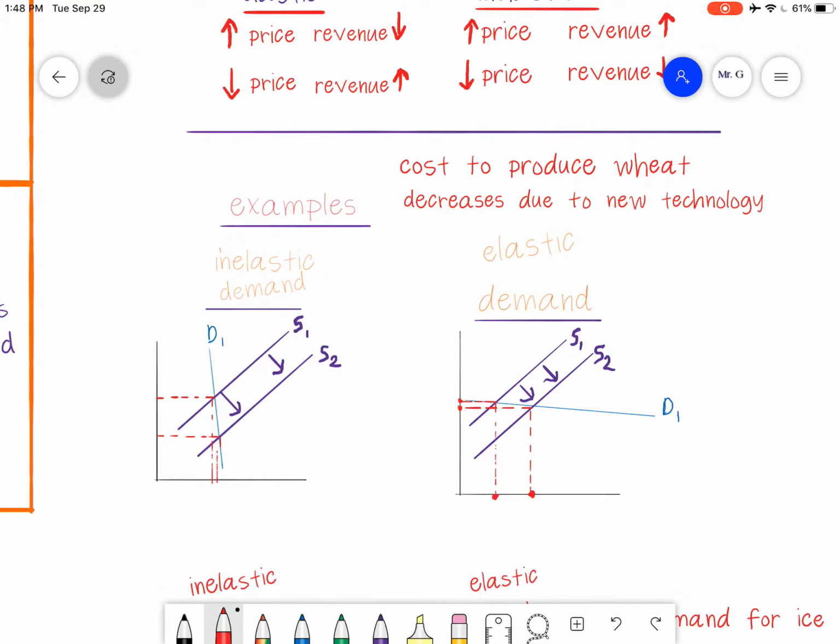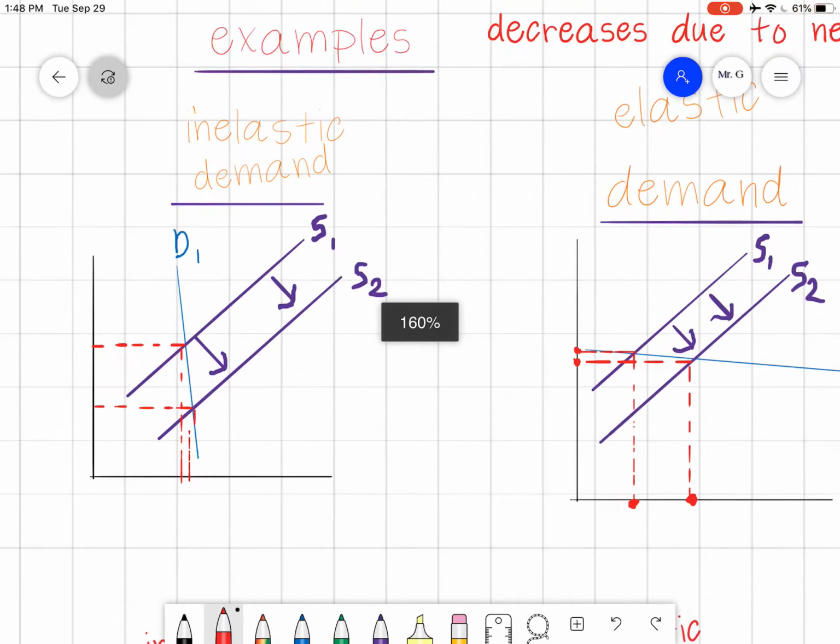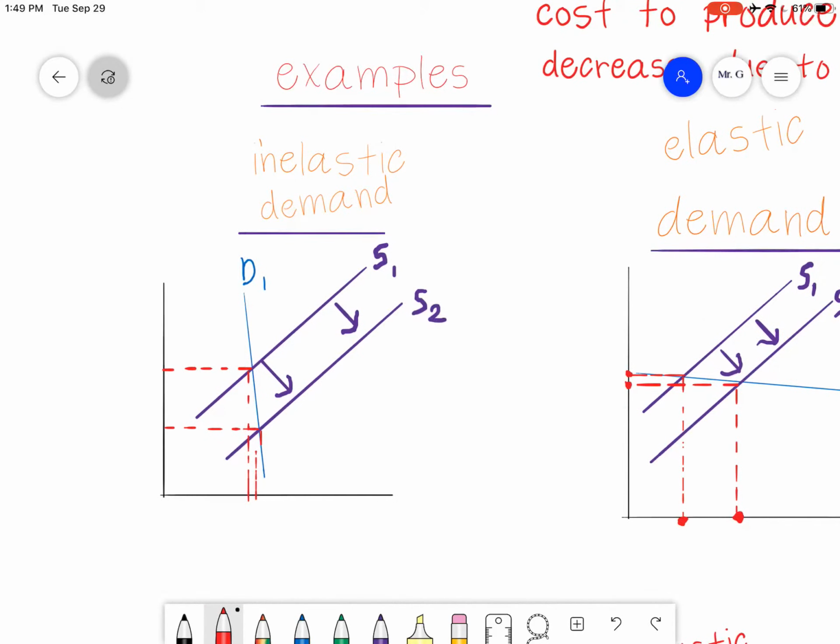Remember, more vertical is more inelastic, more horizontal is more elastic. So if we look at the first example, an inelastic demand, you see something very interesting with the increase in supply. The price goes down dramatically.